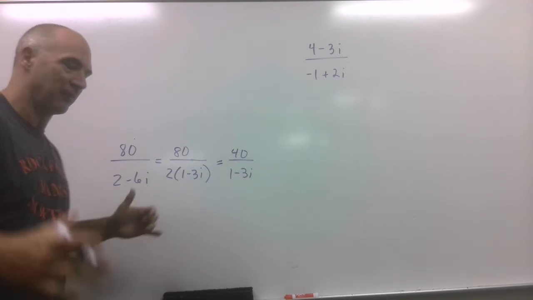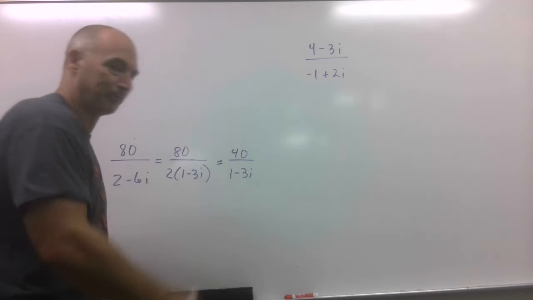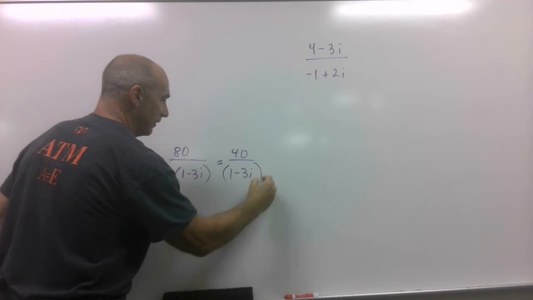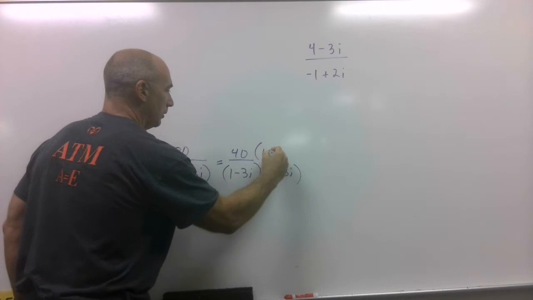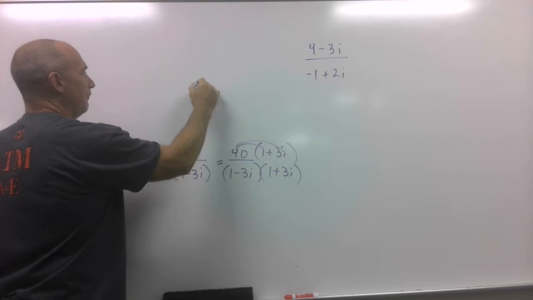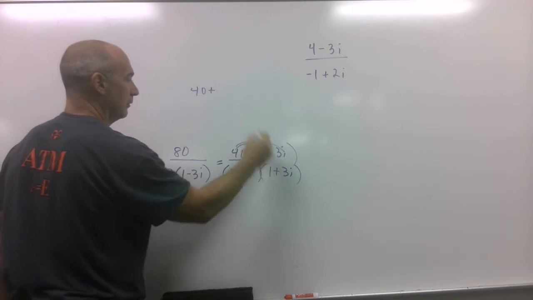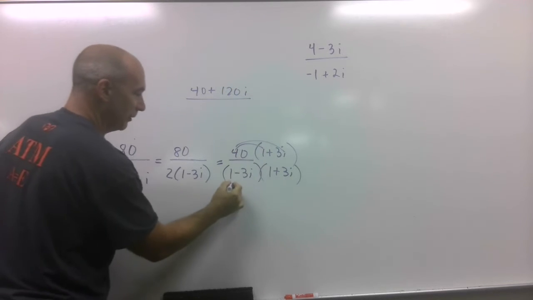So now the numbers have been reduced. There'll be less to do later. So now I'm going to multiply by the conjugate, 1 plus 3i, and 1 plus 3i. Distribute. I'm going to get 40 plus 120i all over. Now I'm going to FOIL this out.